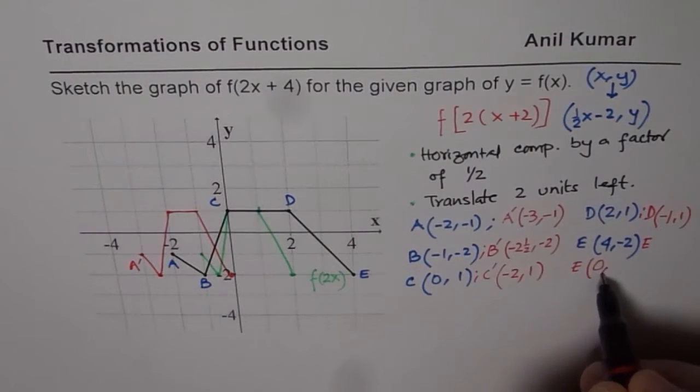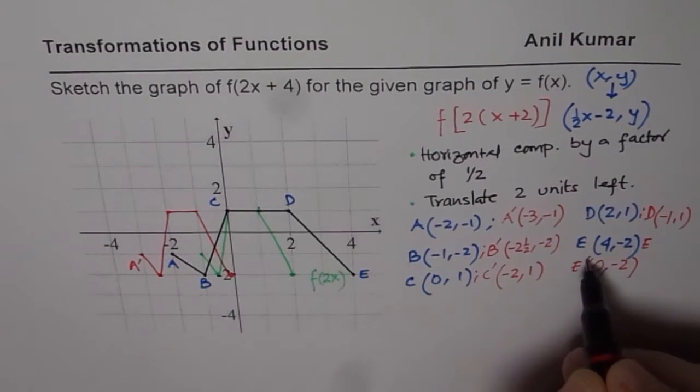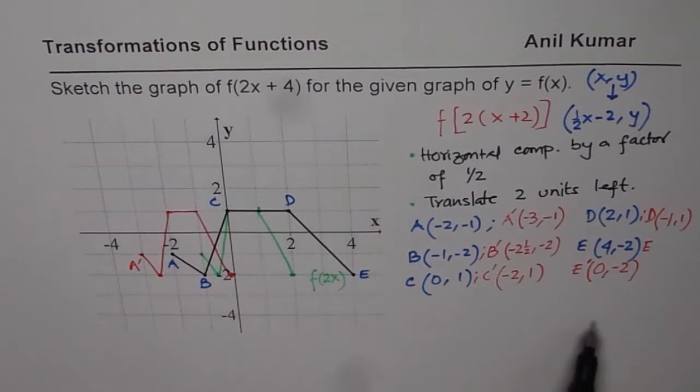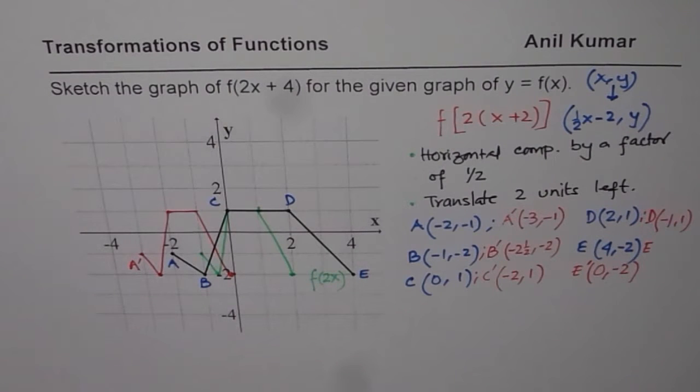So we have 0, and the y value remains the same, which is minus 2, correct? So that is E prime. With that, you can match that out. We get the same graph both ways. So you could adopt any method you want, either graphical or using the points and transformation to get the result. I hope that is absolutely clear.